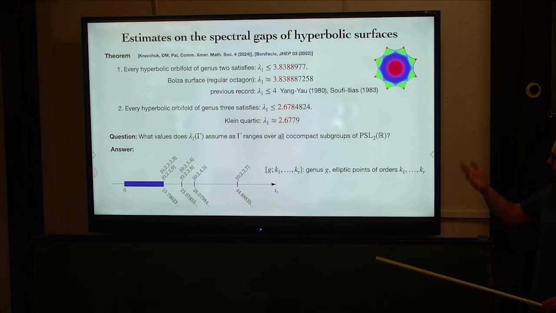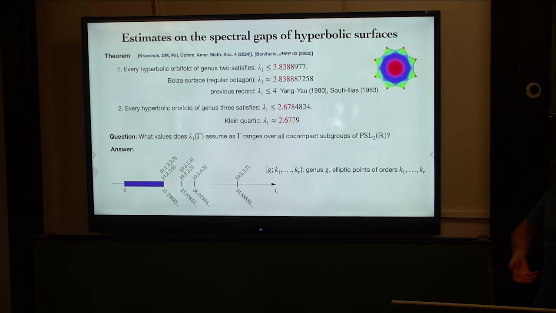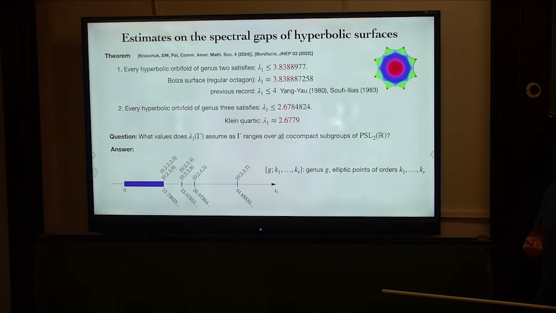But everything that I said also applies in the case where there are elements of finite order in gamma, and then correspondingly the surface can have conical singularities. Can it be an arbitrary number of singularities, or do you fix it? Well, yeah, there can be an arbitrary number, subject to the fact that such a hyperbolic orbifold exists.